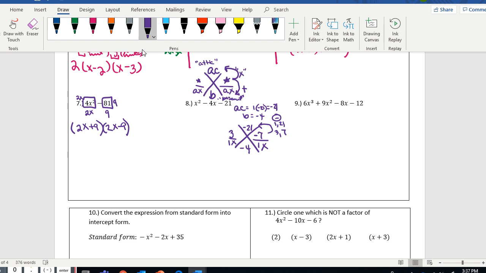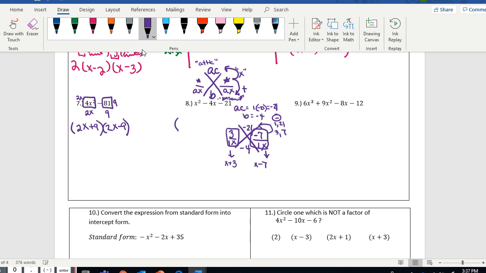All right, so if these will reduce as a fraction, 3 over 1 does not reduce, 7 over 1 does not reduce. So the way that you write this problem, this means x plus 3. This means x minus 7.